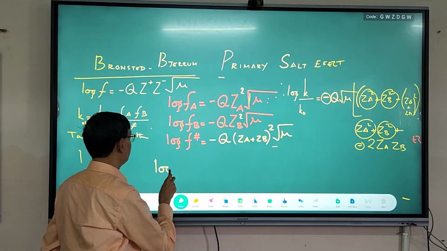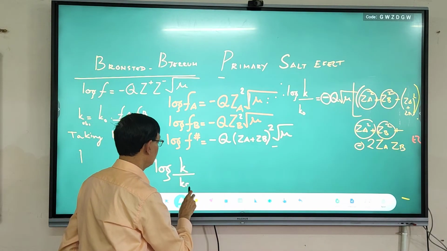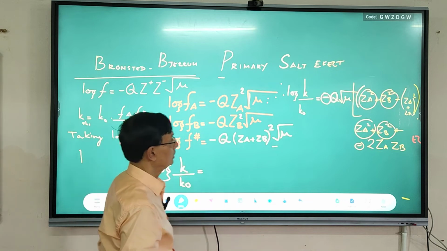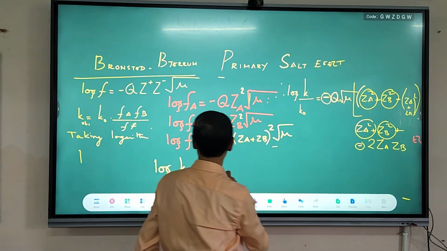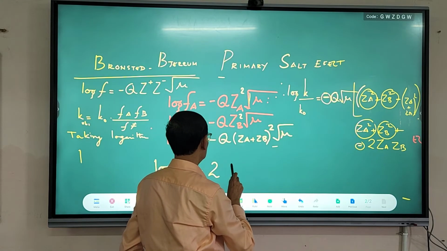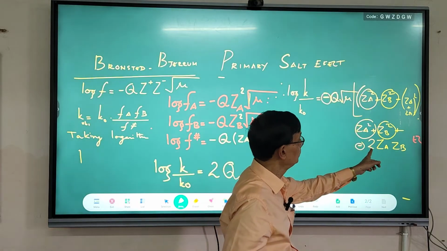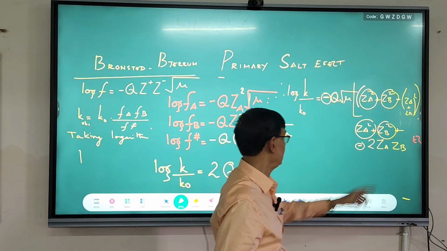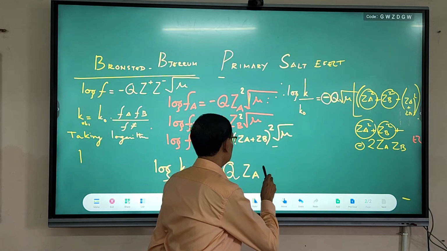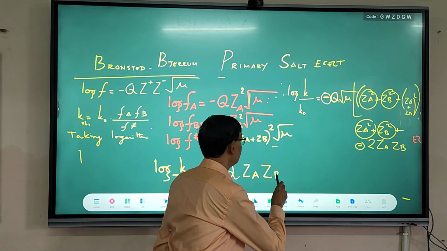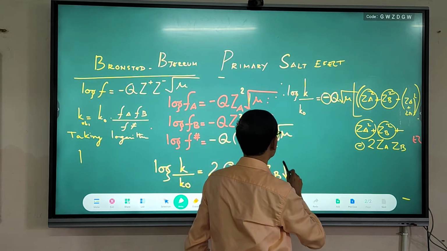Log of K divided by K0 is equal to, here is also minus, so 2Q ZA ZB under root of mu. Why 2? This 2 and the ZA ZB remain, and under root of mu is common.